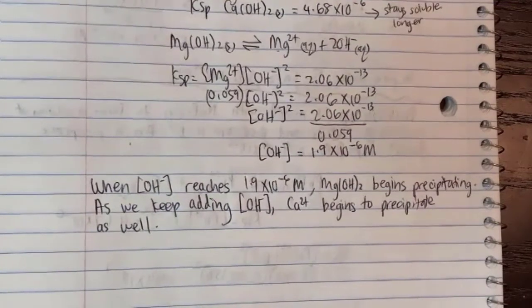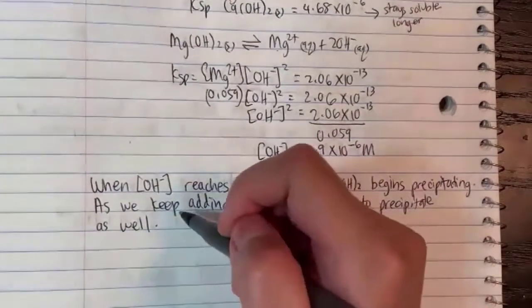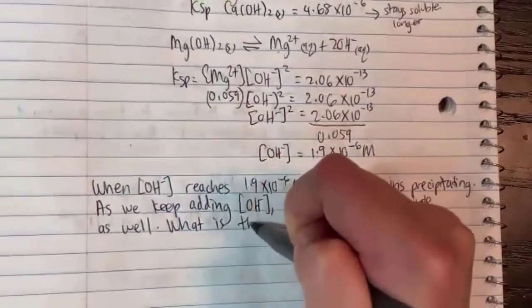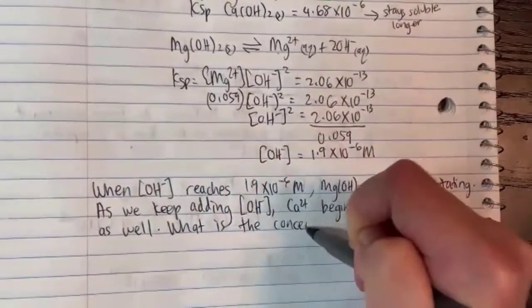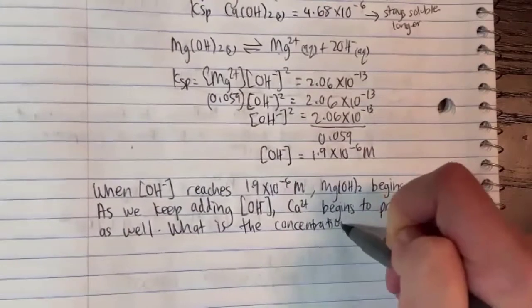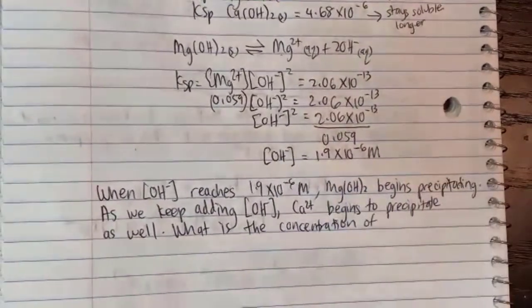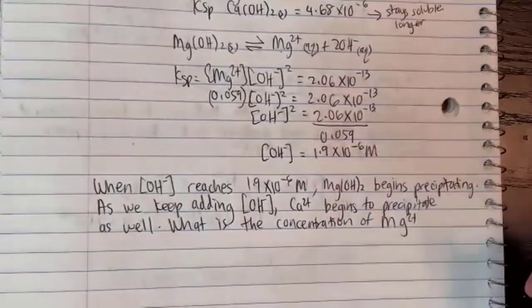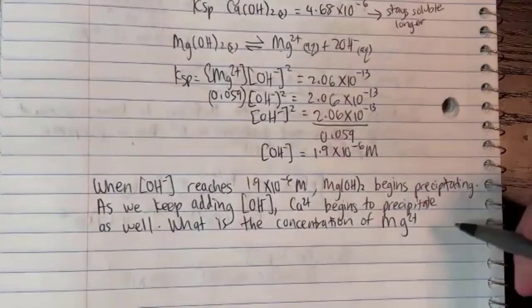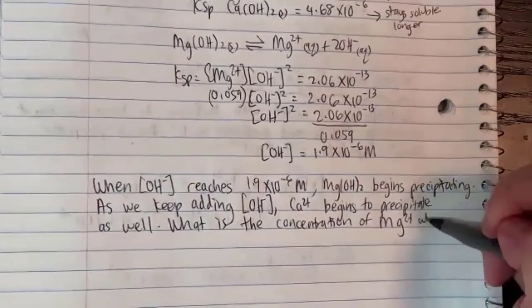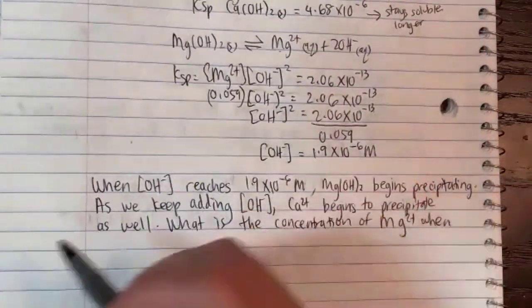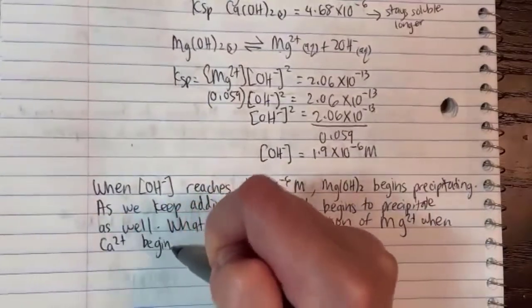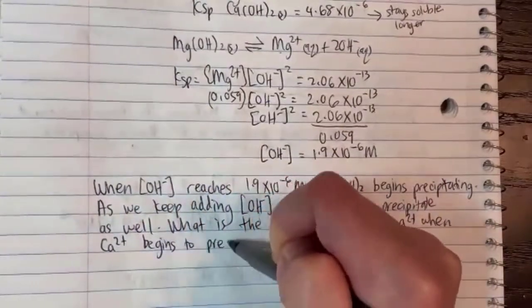So the question is, what is the concentration of Mg2+ when Ca2+ begins to precipitate?